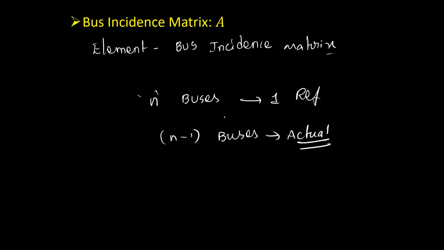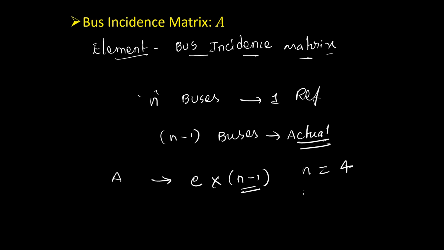In that context, we have taken that matrix as the element bus incidence matrix. That means the size of the element bus incidence matrix will be equal to number of elements by n minus 1. Suppose you take number of buses as 4 and number of elements as 6, then the size of the A matrix will be 6 cross 3.